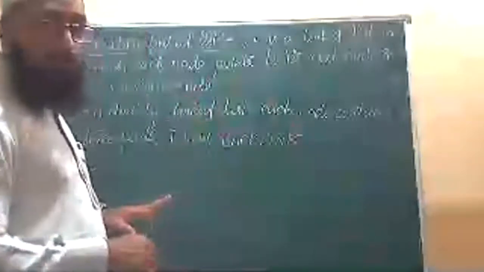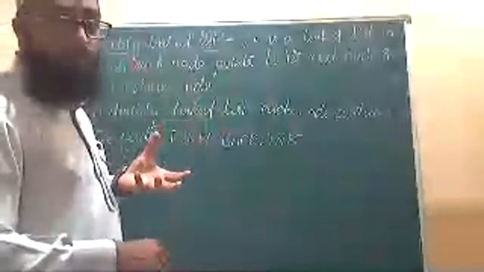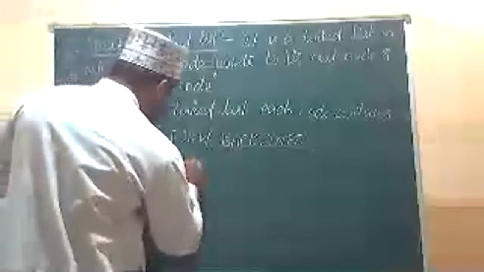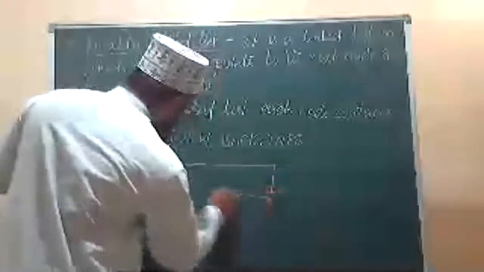Three fields. If it contains three fields, imagine what kind of node it should be. Look here, now I am showing you the doubly linked list node.